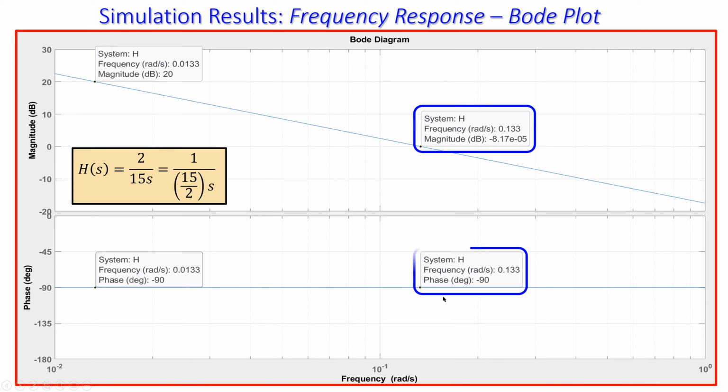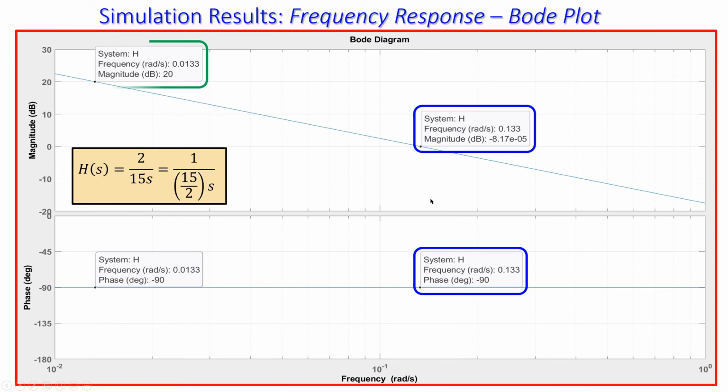You can also see that the phase at that same frequency is minus 90 degrees, and the phase will stay at minus 90 degrees. Why? Because this function will always have a phase shift of minus 90 degrees, no matter what the frequency will be. But let's look at this frequency of 0.133 carefully.